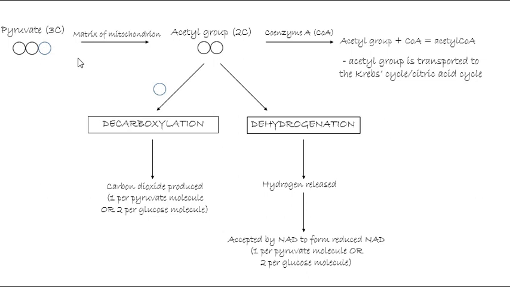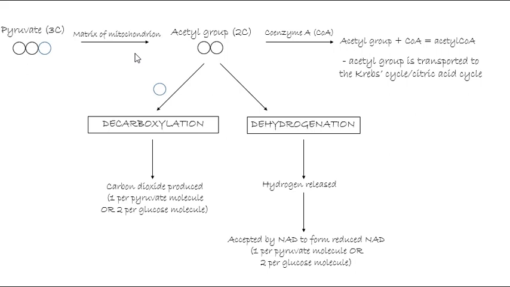So the 3-carbon pyruvate molecule produced from glycolysis enters the matrix of the mitochondrion. So in basic terms, the matrix of the mitochondrion is where the link reaction occurs. Or in other words, the mitochondrial matrix is the site of the link reaction.